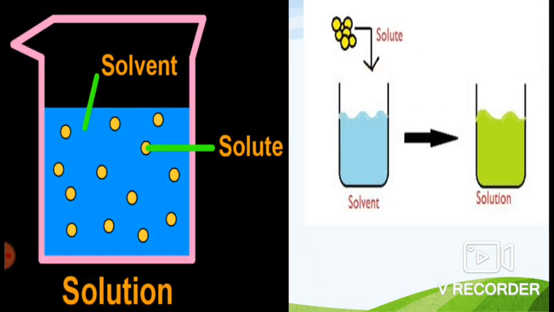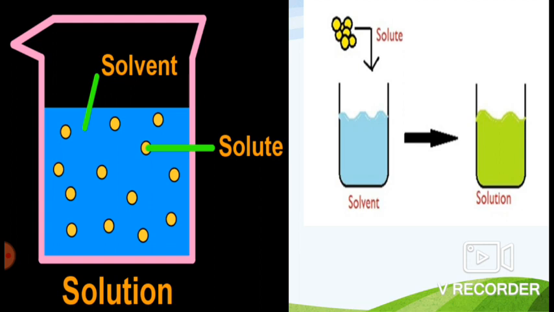Now students, look at the slide. You can see a beaker which has a blue part in it, which is water, and we call it solvent. And we have the yellow particles, we call it solute. It may be sugar or salt.